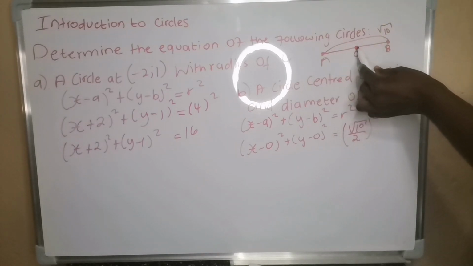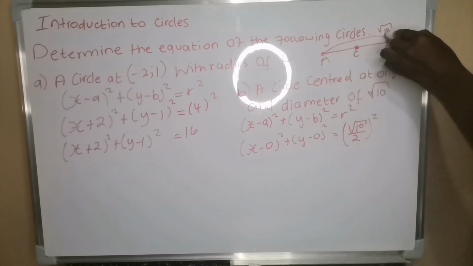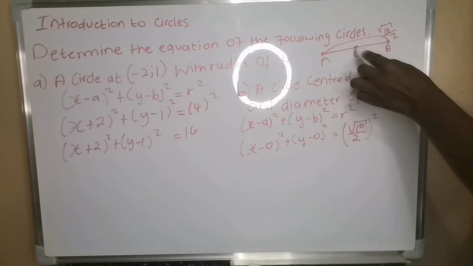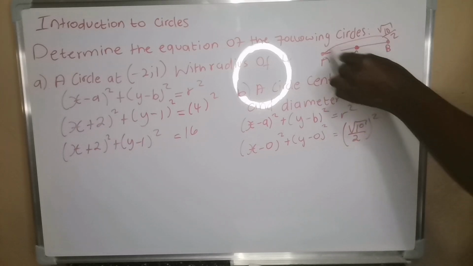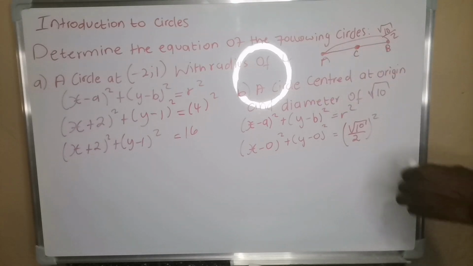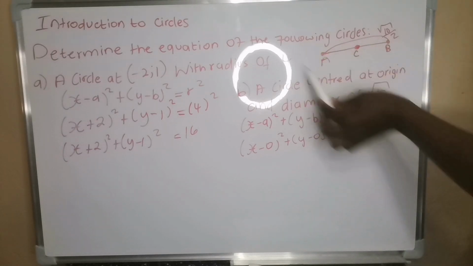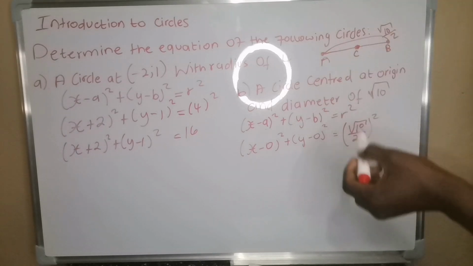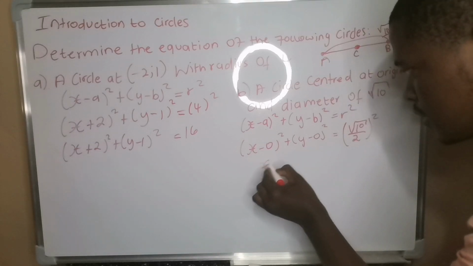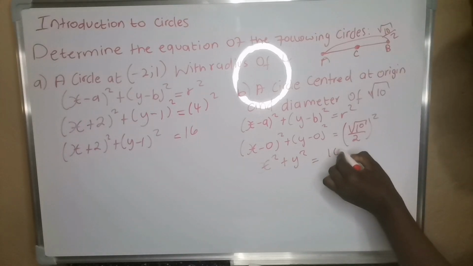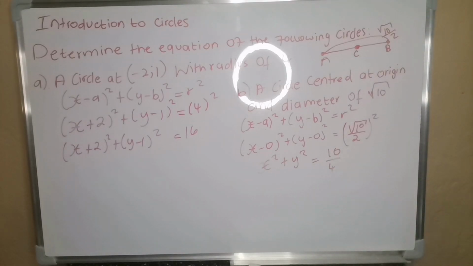Now this is the length from C to B. You divide this square root of 10 by 2, and it gives you the length from C to B and from A to C. So the radius is half of the diameter. That means the length from A to C is half of AB. Hence I divide by 2 here to find our radius. I hope you clearly understand me. Now the equation is x squared plus y squared is equal to 10 over 4. Then you are done.